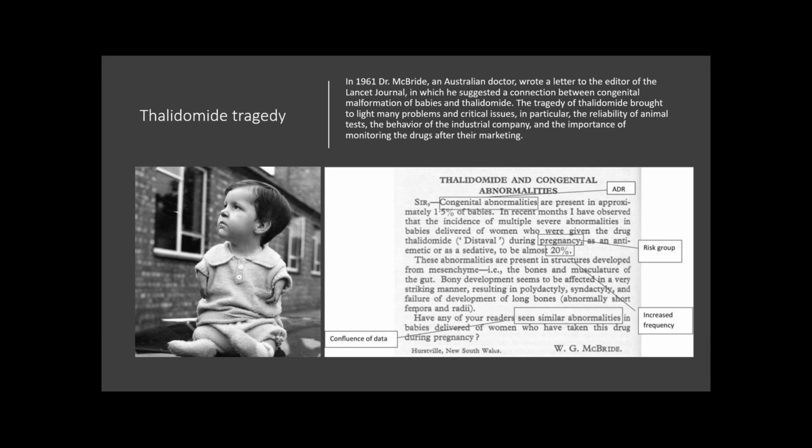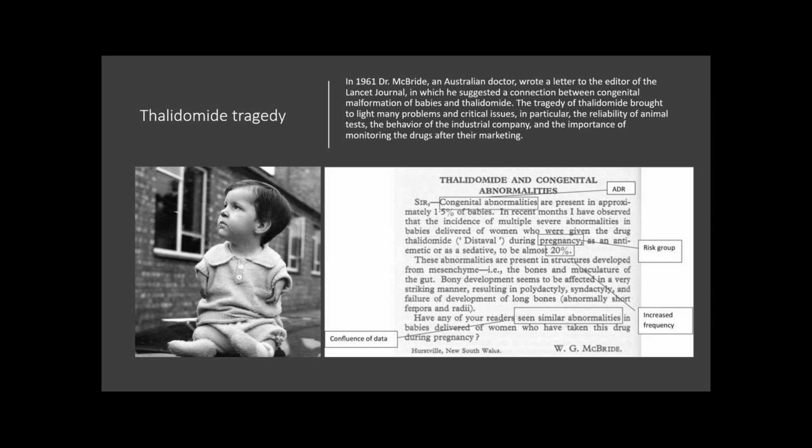Any talk about drug safety cannot avoid talking about the thalidomide tragedy in the 50s and 60s, where one drug, thalidomide, which was being marketed for pregnant women as an antiemetic, had been tested in animals and in clinical trials, but had never been tested in a broad population.